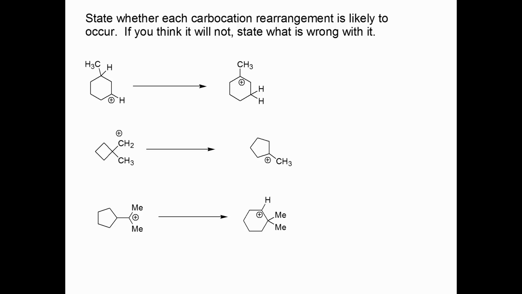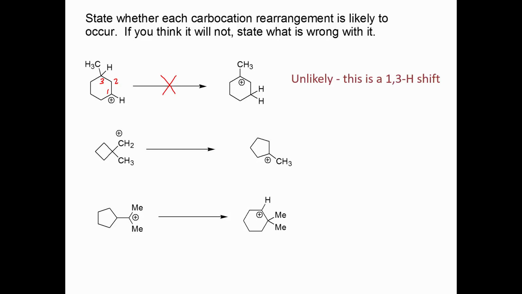It does generate a more stable carbocation, but if you start numbering the carbons, that hydrogen has to transfer off the third carbon, and this is going to not be all that favorable. So we're not going to see this one occur due to the fact that this is a 1,3 hydride shift, not a 1,2 hydride shift.